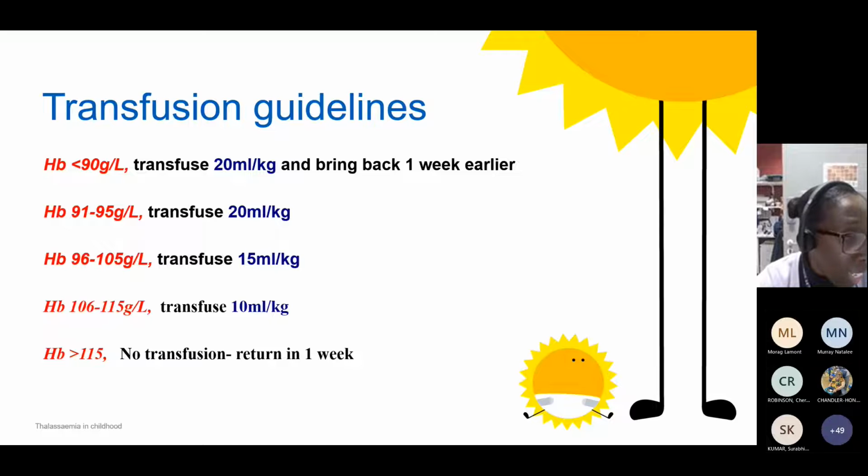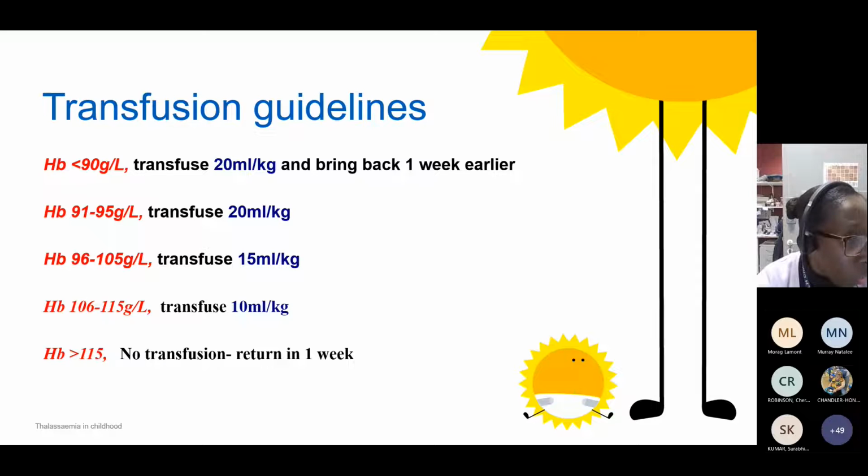We get some children who may be a bit heavier, overweight, we would say, but the maximum we would transfuse any child is 3 units. We won't transfuse any more than 3 units. And also, because these children are coming back quite regularly, we try to reduce the amount of time that they stay for their transfusions.